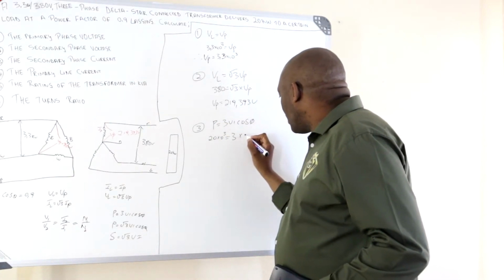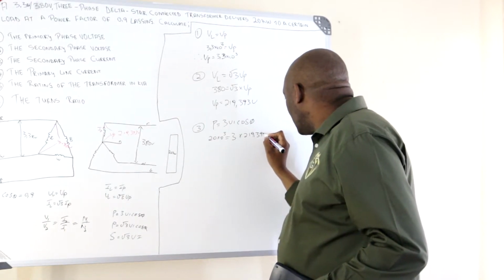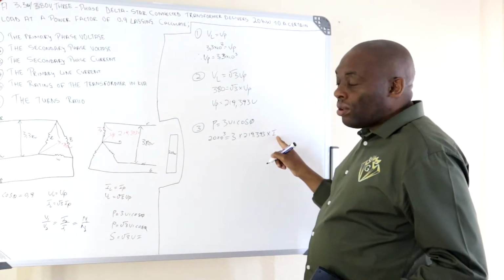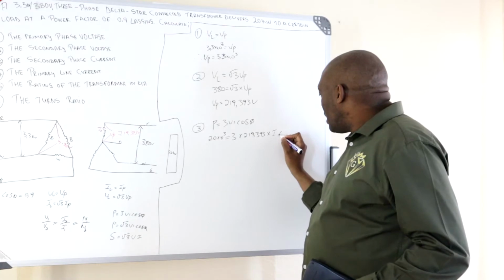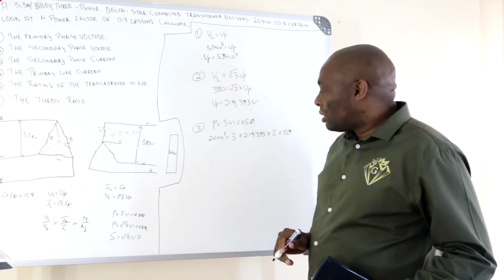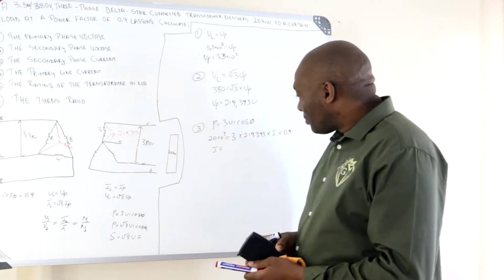So I'm using the phase voltage because this formula is for when you are using the phase values. Therefore, I'm going to be using the phase voltage, which is 219.393. We multiply by our I, which is what we are looking for on the secondary, and then we multiply by the power factor of 0.9. So let's see what will be the value of current.